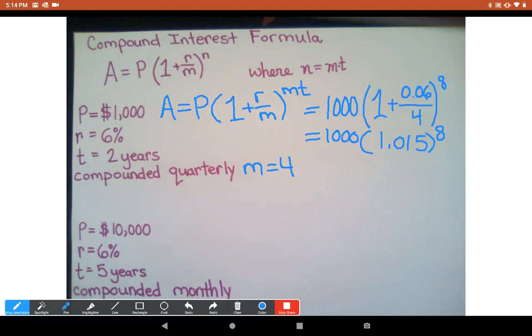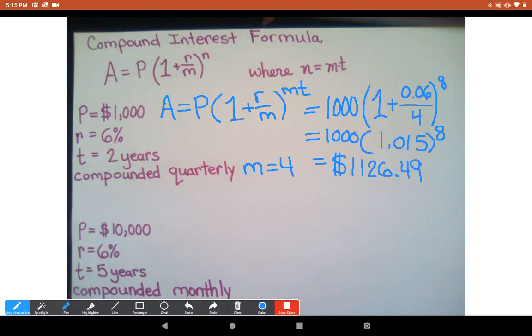So now we take the 1.015 and we raise that to the power 8 and multiply by 1,000, which yields a dollar amount of $1,126.49, rounding to the nearest cent.